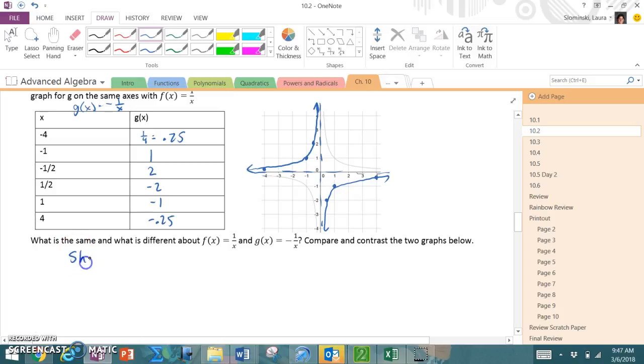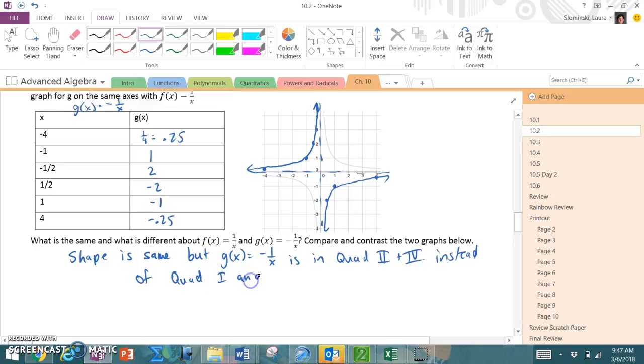It's the same shape, but g of x equals negative 1 over x is in quadrants 2 and 4 instead of quadrants 1 and 3 like f of x when it's just 1 over x. So that was the last thing that we wanted to talk about, and that is that if you make it a negative 1 over x, it switches the quadrants that it's in.